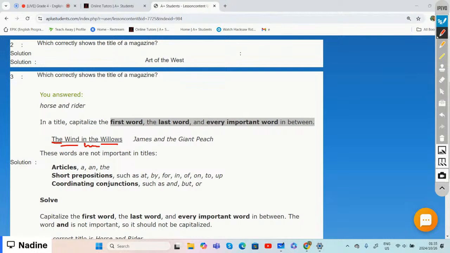And words that are not important that we do not capitalize are articles like a and the, short prepositions such as by, at, for, in, of, onto, up, and coordinating conjunctions like and, but, or. We do not capitalize those ones.